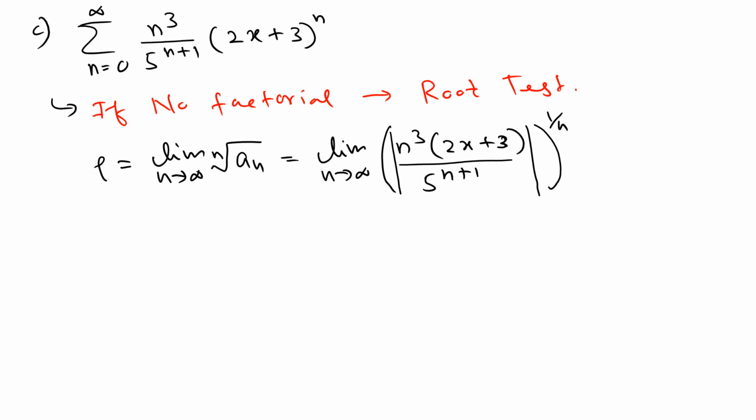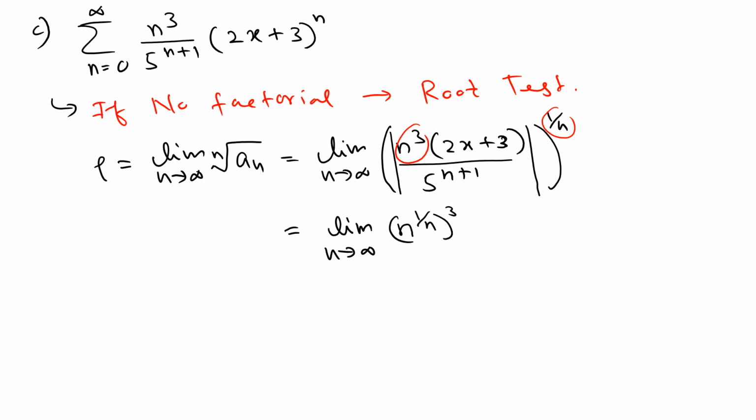Good. That means that 1 over n applies to all the terms as a power. So let's write it like that. The limit as n goes to infinity. For the first one, I'm going to write it as n, put 1 over n, and then pull the 3 out.